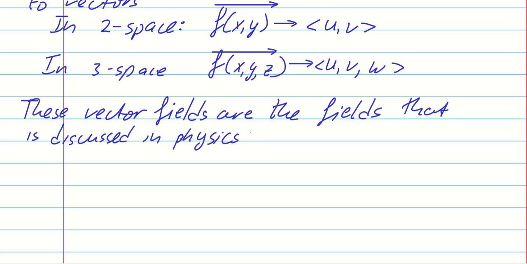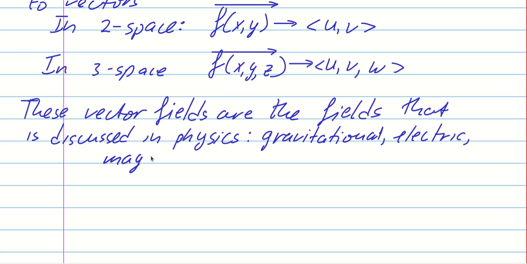So what kind of fields could it be? It could be gravitational fields, for example. Could be electric fields. Could be magnetic fields. And since we have a few physicists, that's probably an interesting topic for them. There could be a few more here, I'll put 3 dots. Could go further.